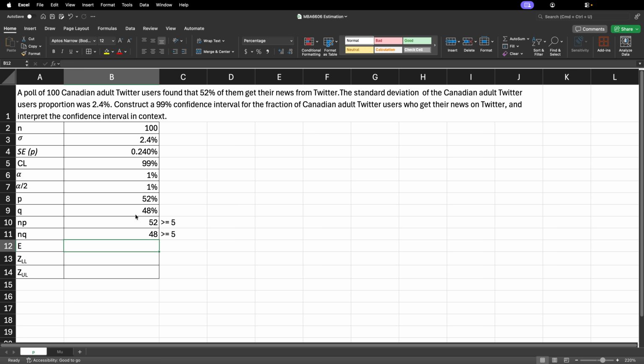What will be the margin of error that we allow for, which is given by z times standard error? And how do we compute z? We want to know the z value corresponding to 99.5%. I must increase the significance level here so that we are able to see that 0.5.